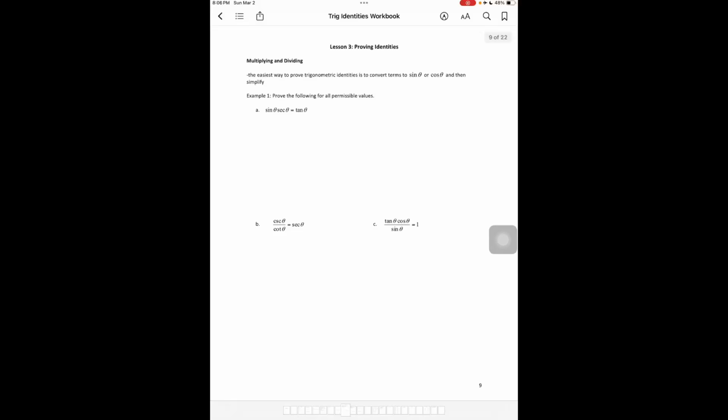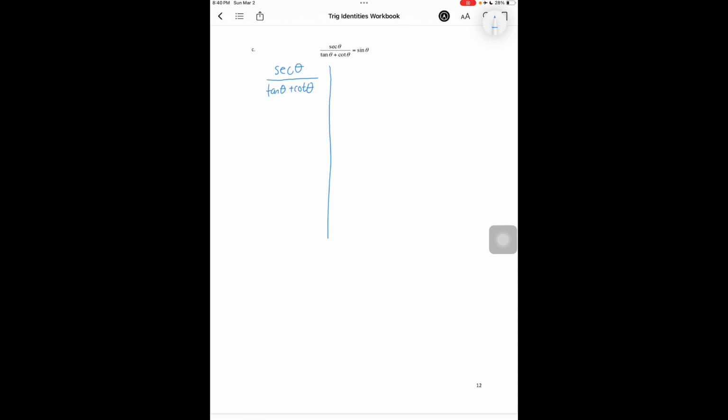So we're on our last question. So here we have secant theta over tan theta plus cotangent theta, and this is going to be compared to sine theta.